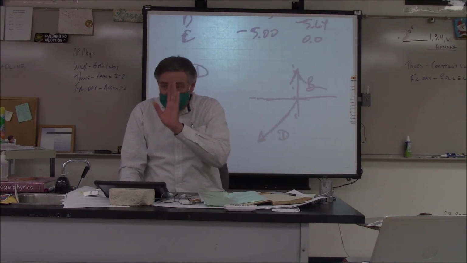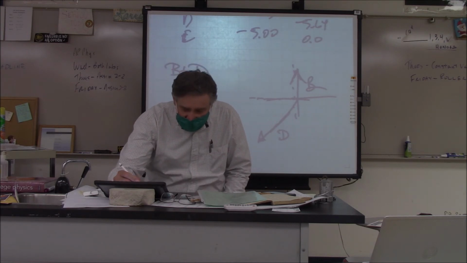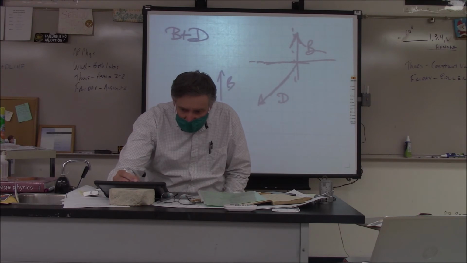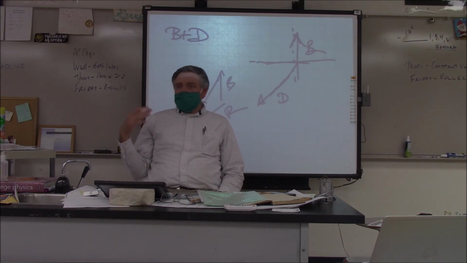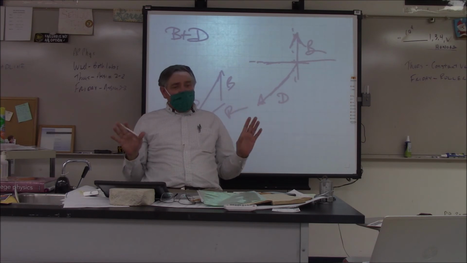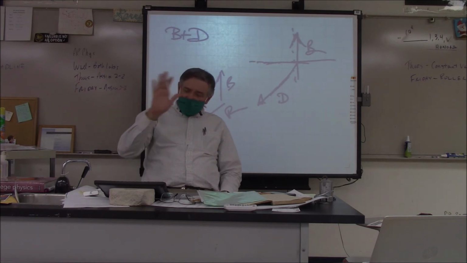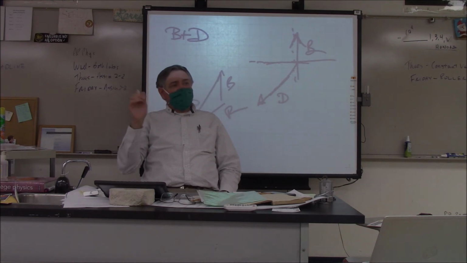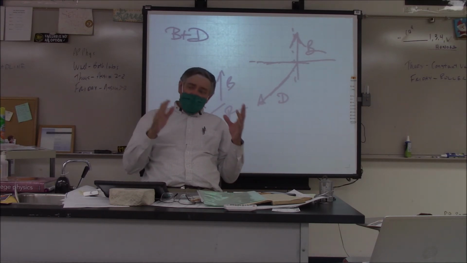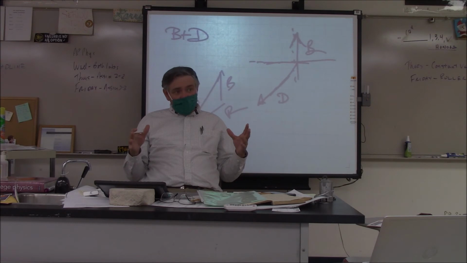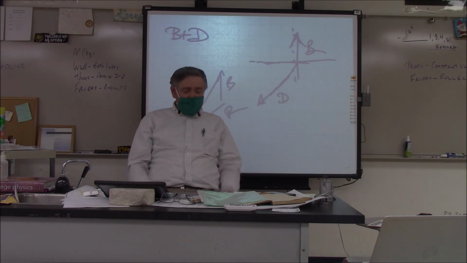Now, what some people like to do is make the sketch tip to tail. They'll go, okay, here's B, and then here's D, boom, there's my result. Some people like to do that. But again, here's what's important. The advantage of making the sketch is that you get an idea of what's going to take place, and when you get your answer, does it seem reasonable? That's all you're trying to do.